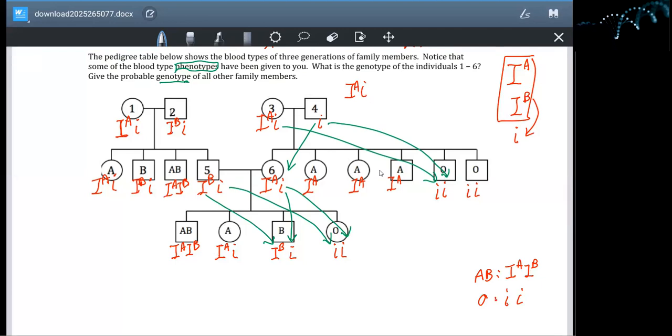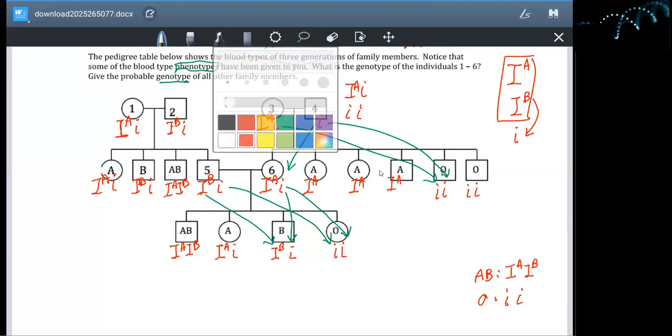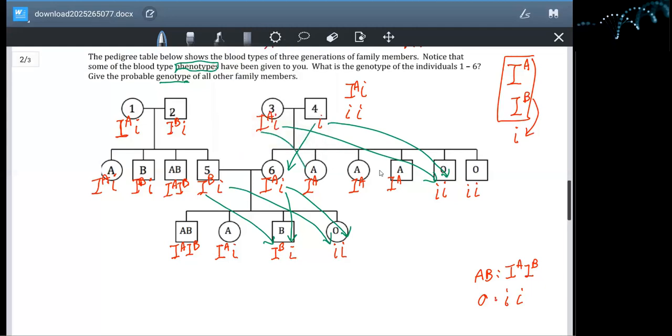Big IA, big IA. Yes, I think so. Okay. And another possibility is, can this individual be little i, little i? Let's look. Can it create offspring like that? Yes. Can it create offspring with A? Yes, because let's look at this. Can give the big IA, can give the big IA, and the other one give the little i, correct? So it can be either this or this.